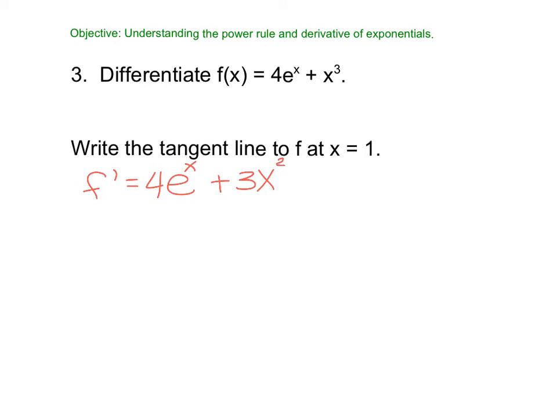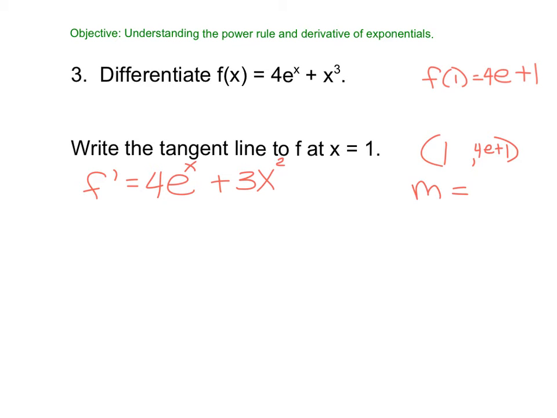Write the tangent line to f at x equals 1. So what do we need to write a tangent line? We need a point and we need a slope. So the point, we have x equals 1. What do we get when we plug 1 in? f of 1 is 4e plus 1. So super awkward.